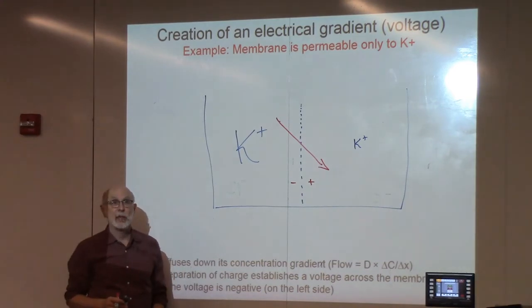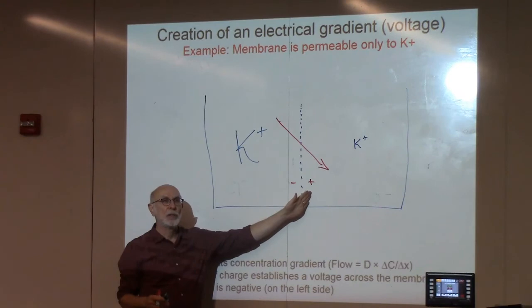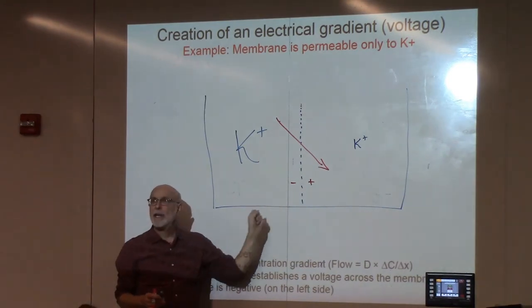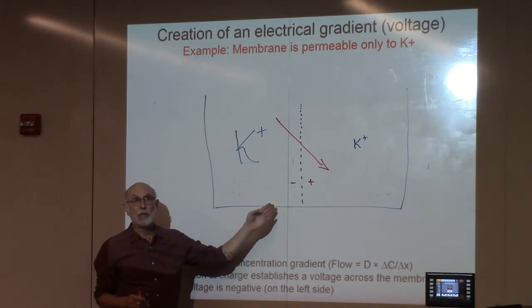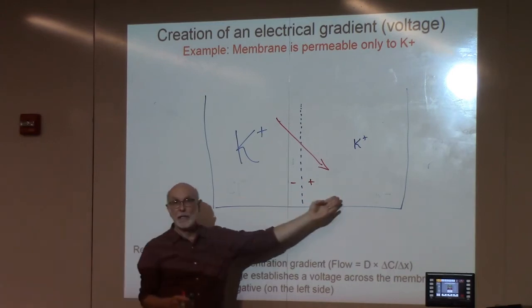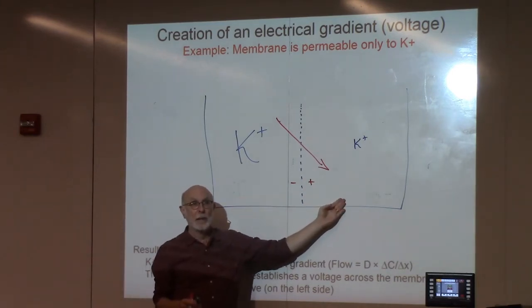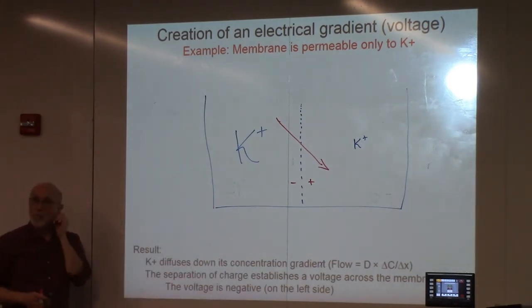That is what a voltage is. Separation in charge in space. So now we've just made a very small voltage across this membrane, slightly negative on the inside relative to the outside. Okay?